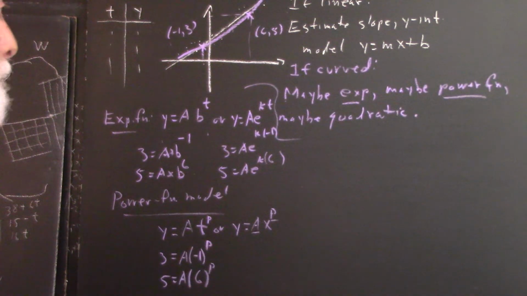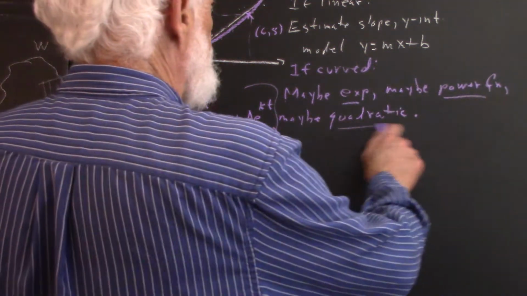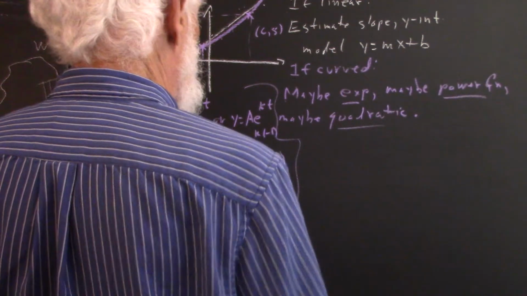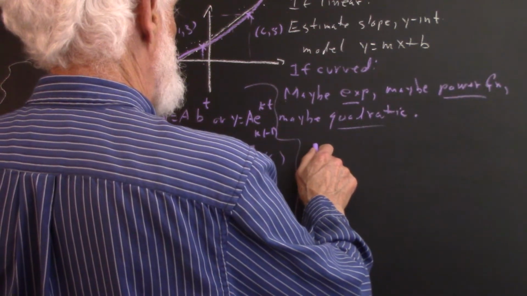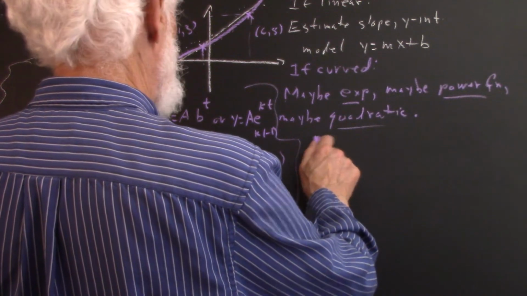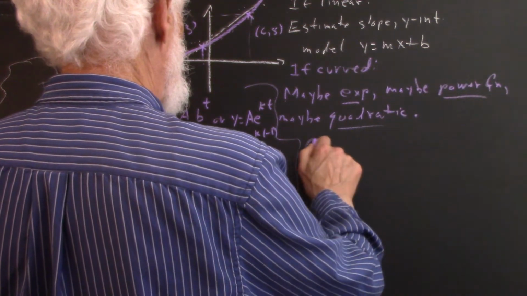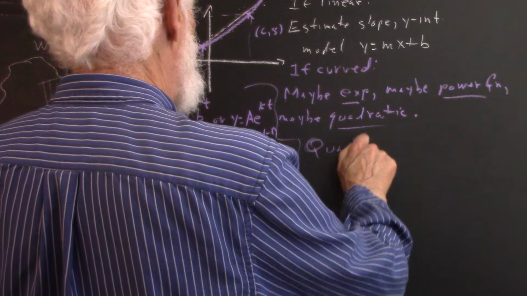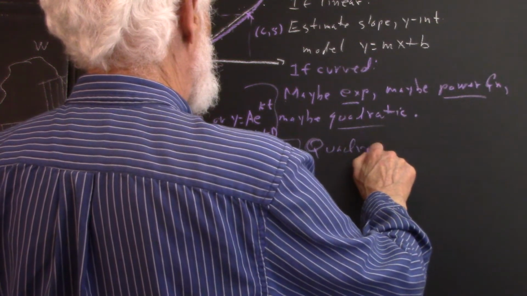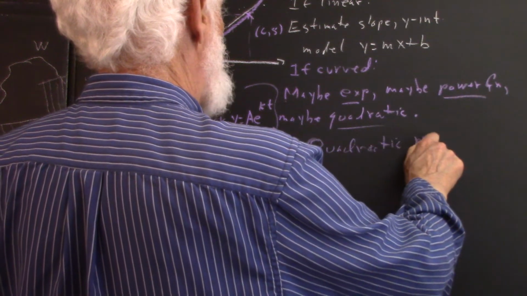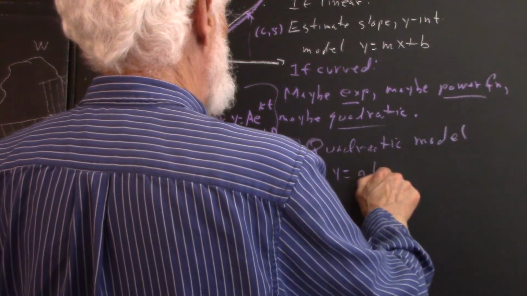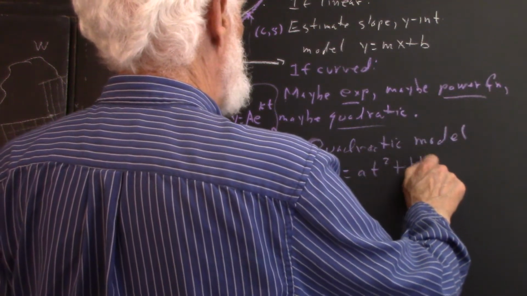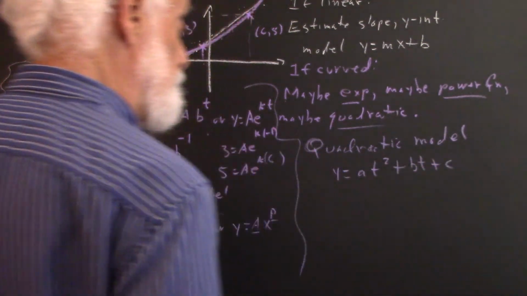Another possibility mentioned, other than the linear, is quadratic. If it's quadratic, our quadratic model would be y equals a t squared plus bt plus c.